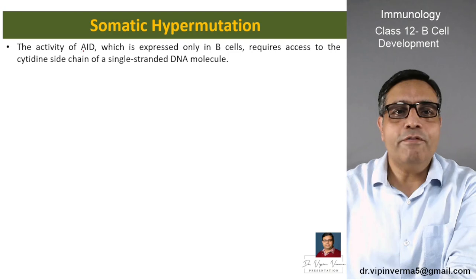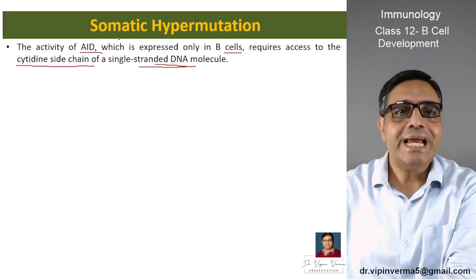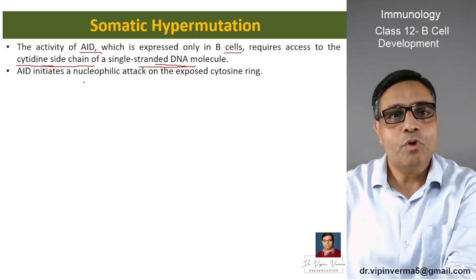The activity of AID, which is expressed only in B cells, requires access to the cytidine side chain of a single stranded DNA molecule. This is the prerequisite for the activity of AID.